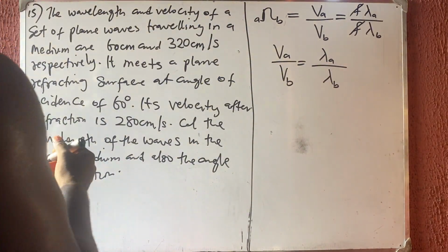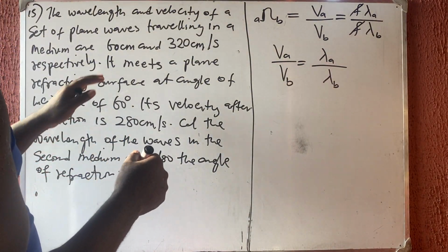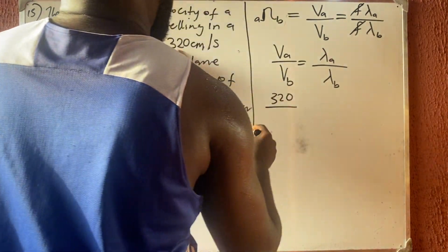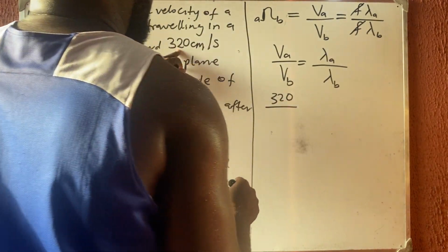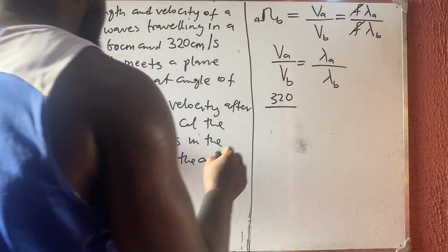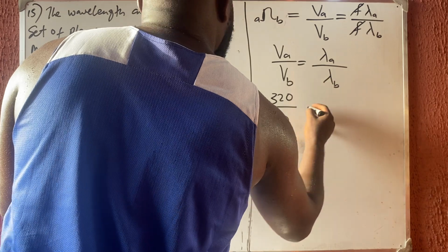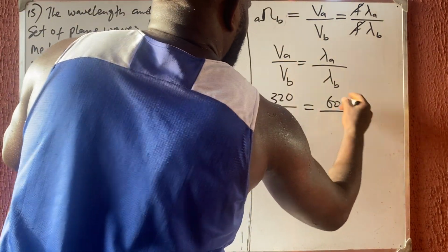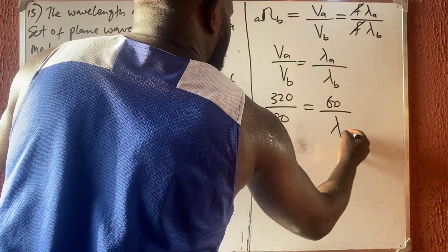So if you put everything, the first V they gave me is 320 over the second V they gave me, 280, which is equal to the first lambda they gave me, 60, over the second lambda, which is what I'm looking for.